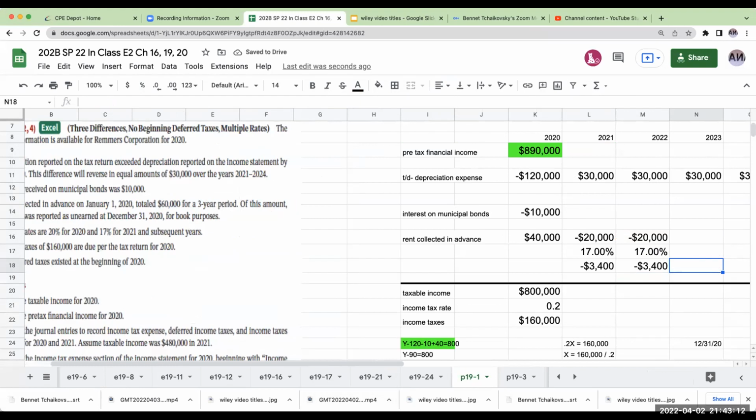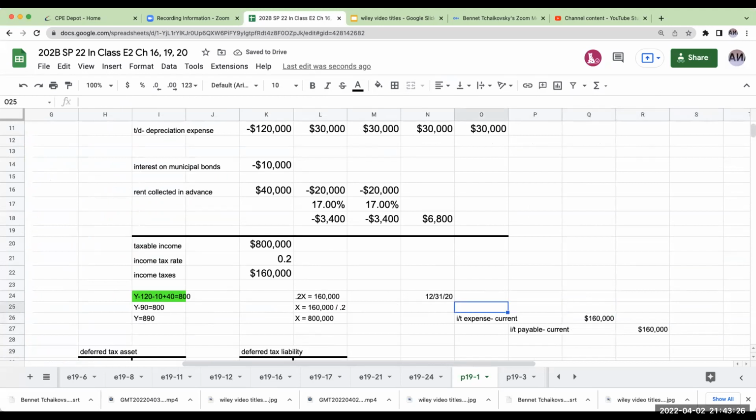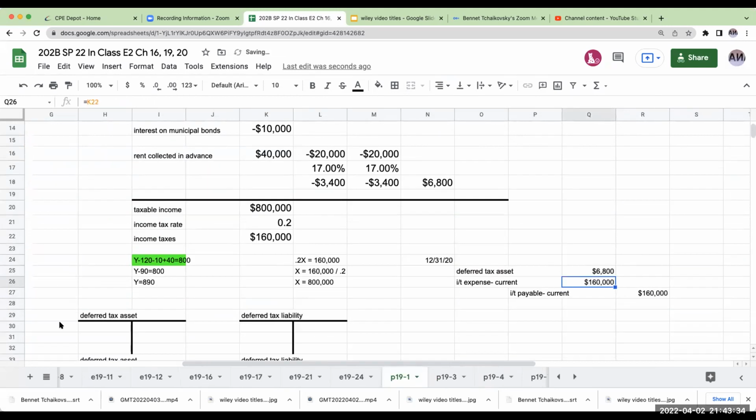So my deferred tax asset as of December 31st, 2020 is going to be 6,800. So over here, I'm going to write in deferred tax asset, 6,800.